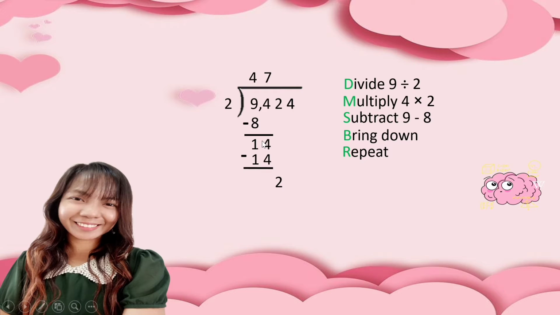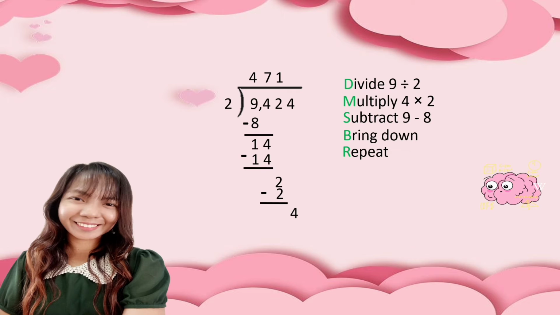Again, you don't need to write the number 0 here. Let's repeat the process. Divide. 2 divided by 2, 1. And then 1 times 2, 2. And then subtract. 2 minus 2, 0.